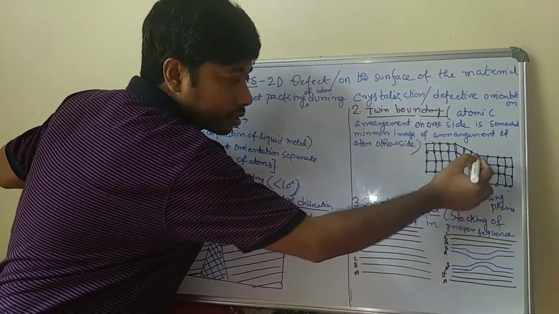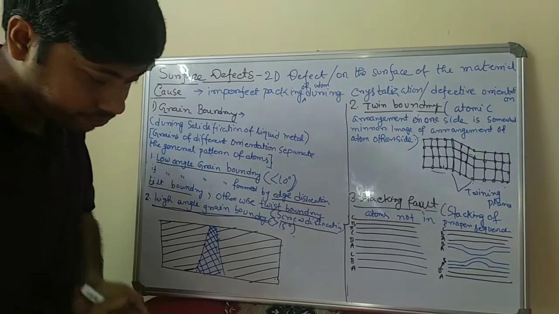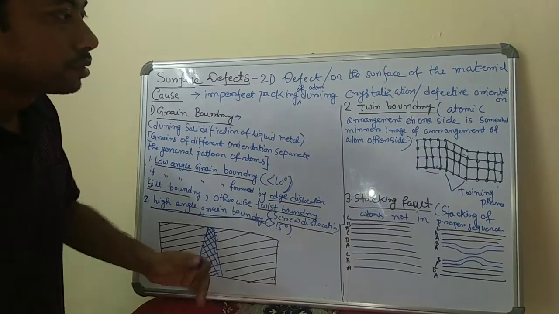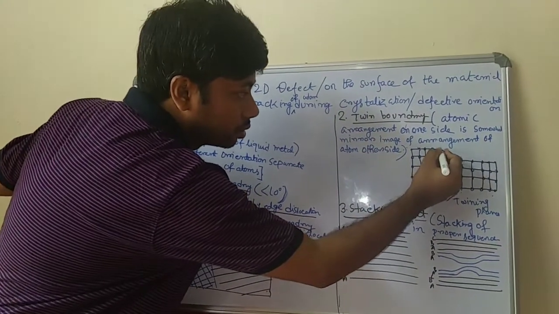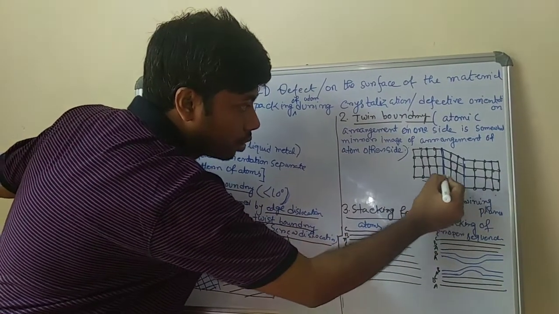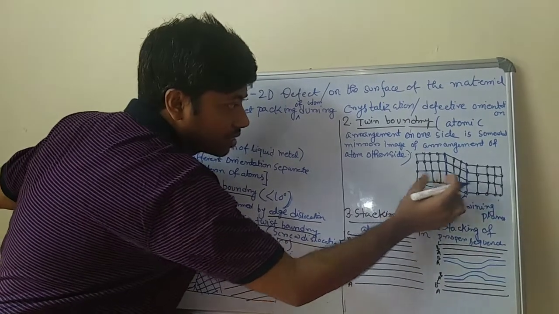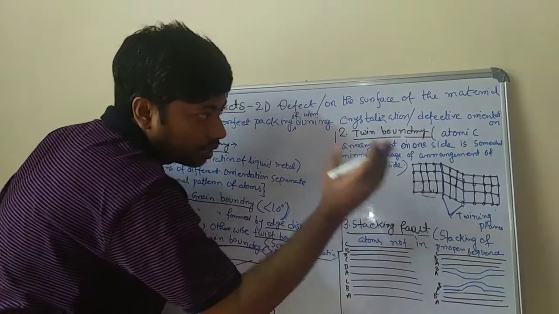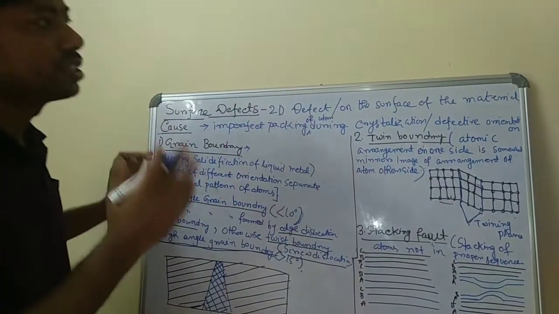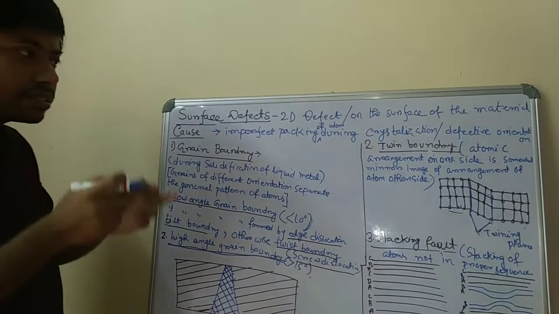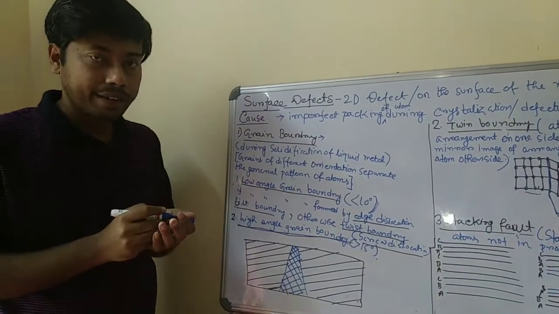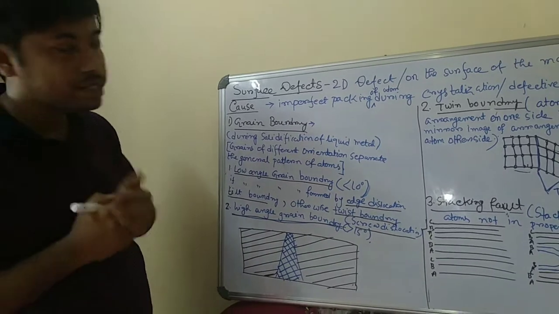Both sides are the same, but they are separated by a boundary that is called the twin boundary, and the plane is called the twinning plane. Okay, so this is very important.